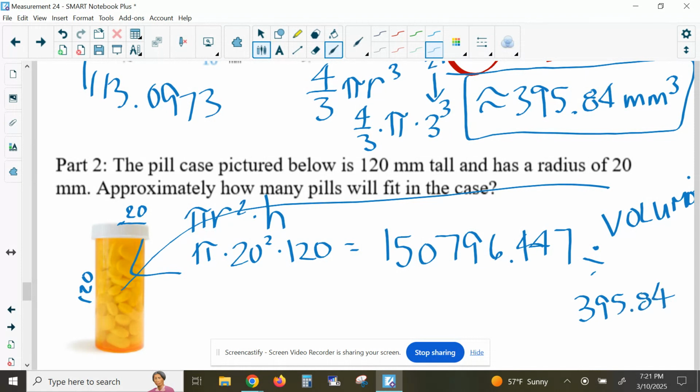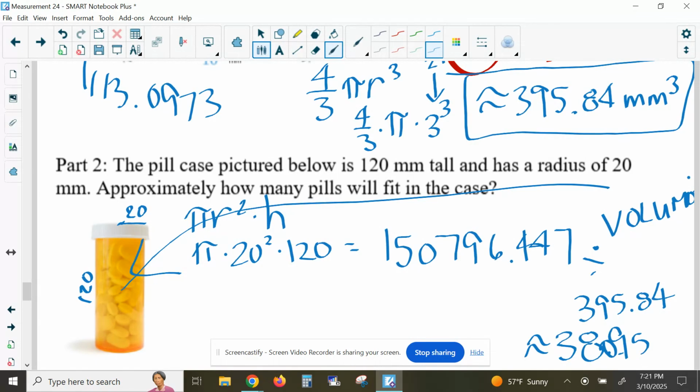I already have this on my calculator, so I could just hit divided by 395.84, and I get approximately 380.95.